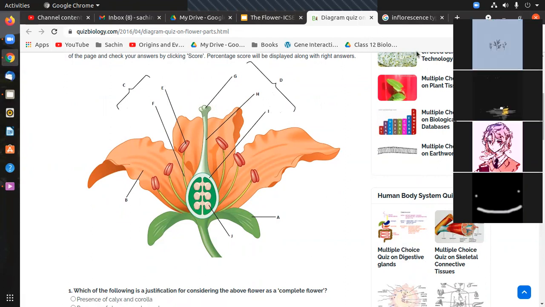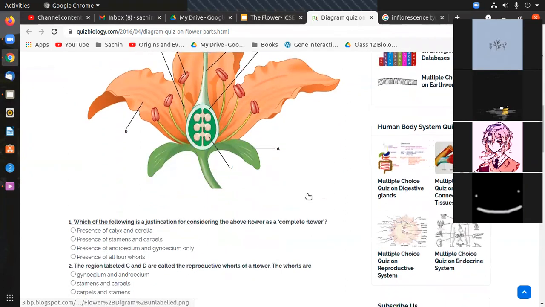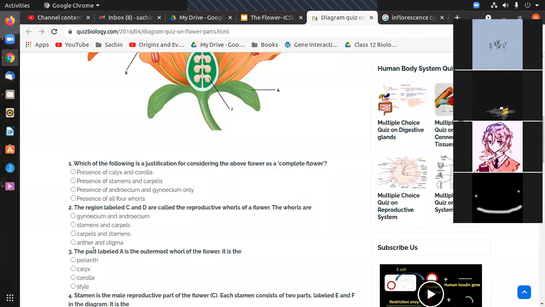Adira, can you answer the third question? The part labeled A is the outermost wall of the flower. Which one out of this? That's the calyx, right?